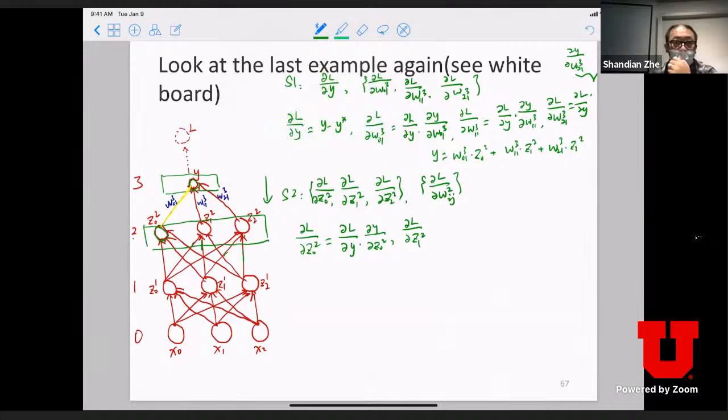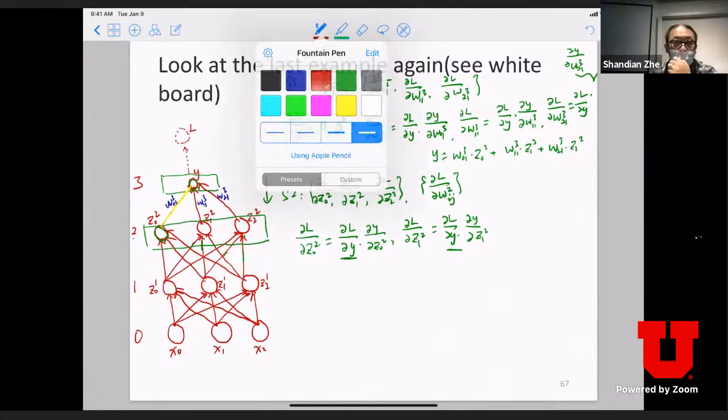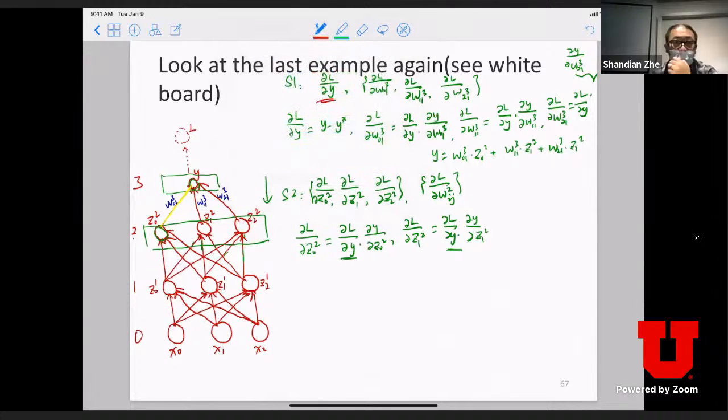Any suggestion? Yeah, partial L over partial Y times partial Y over partial Z12. Look, the results are reused. Partial L over partial Y is just the result we computed in the first step.